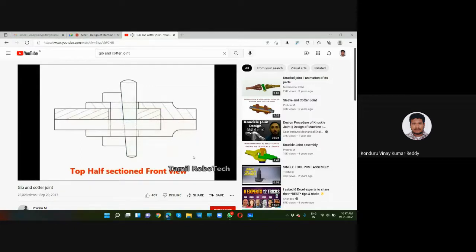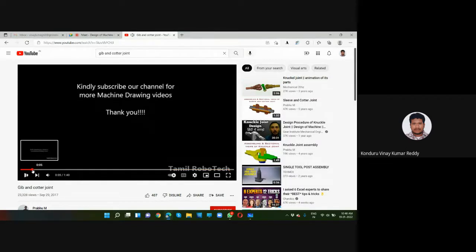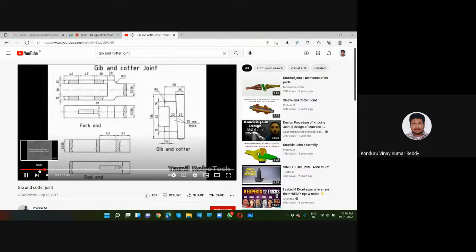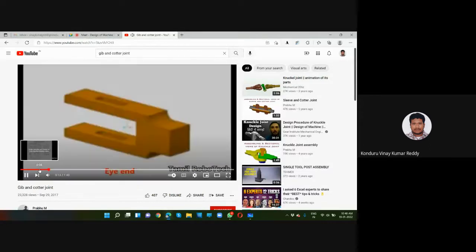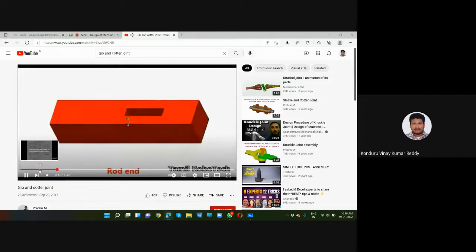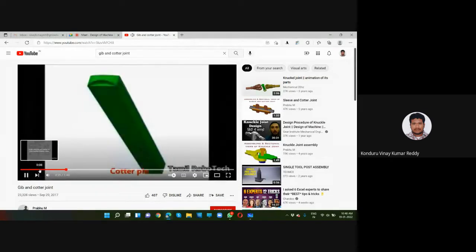Half sectional front view. Just one more time I am replaying this video. You can see the I end, which we have written as strap end. Gib we have written as gib. Pin we have written as cotter pin.